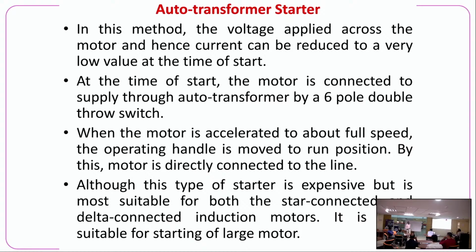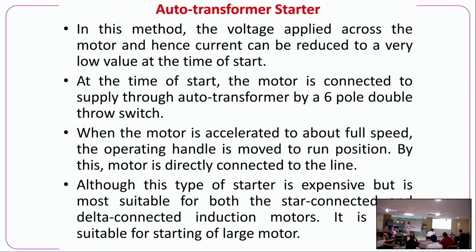Think of the transformer theory: V2 by V1 equals x equals I1 by I2. We are applying V2, that is x times V1. Because phase voltage is x times, current is x times. Now I2 is x times, the secondary current of the auto transformer.